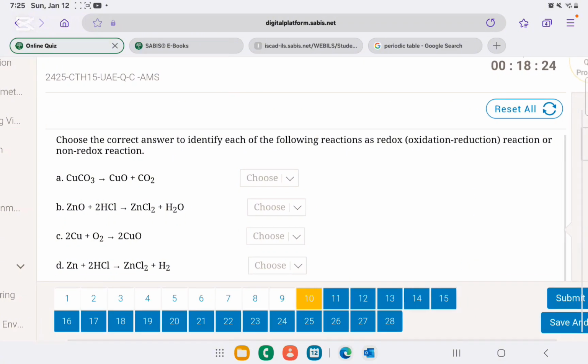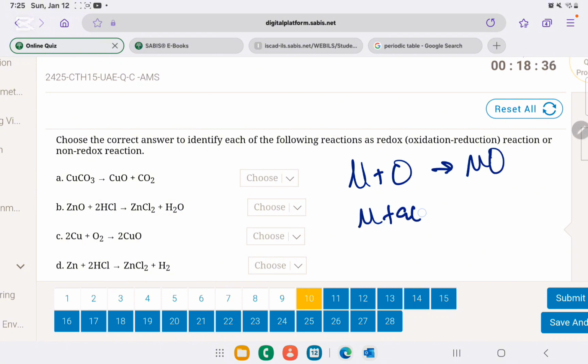Now this is the redox question. It's really easy. You need to know which chemical equation is a redox reaction. It's basically metal and oxygen to give metal oxide, or metal plus acid to give salt and hydrogen, most of the time.